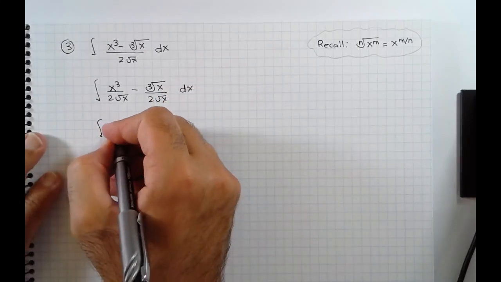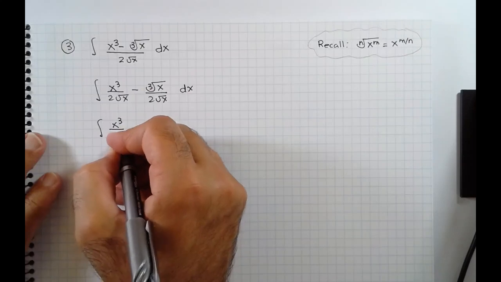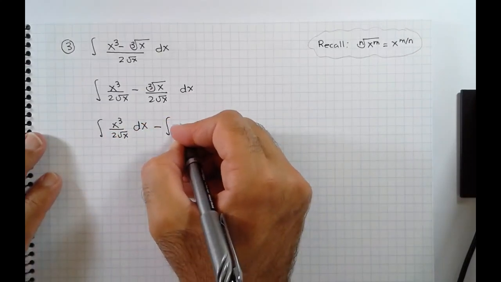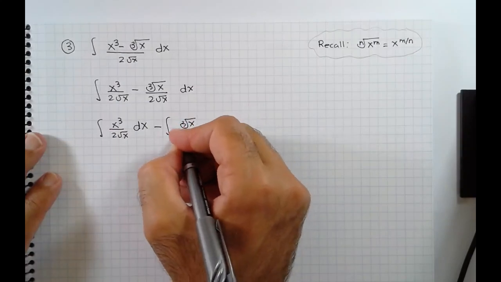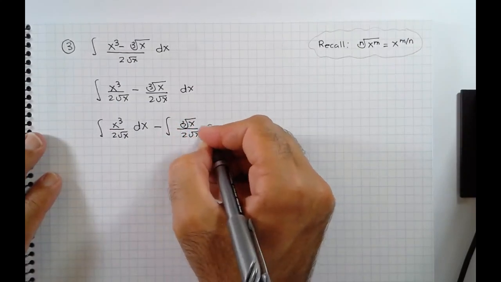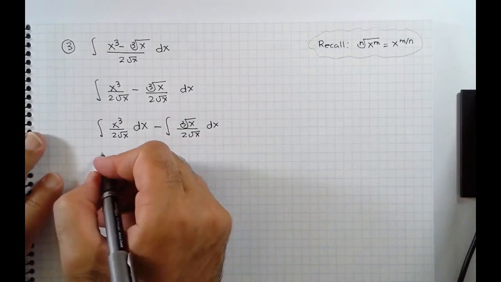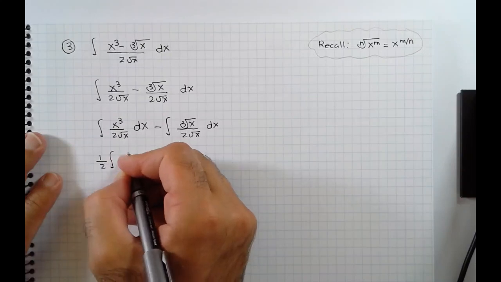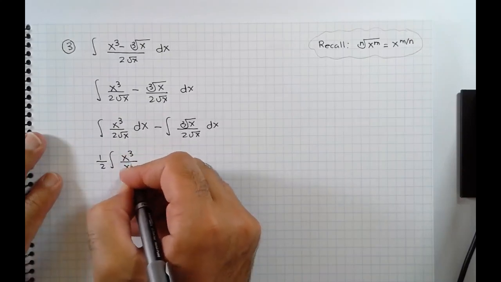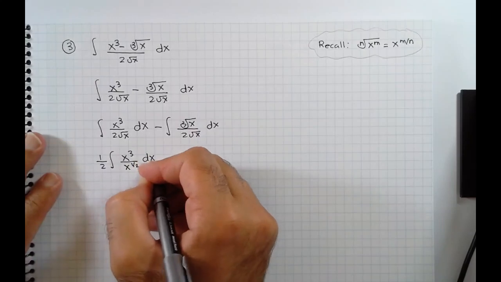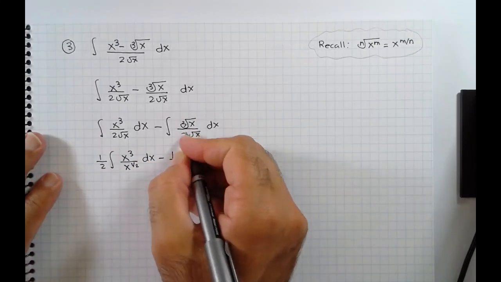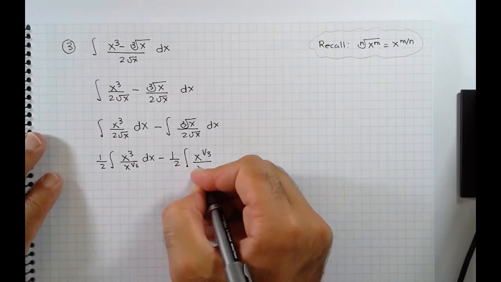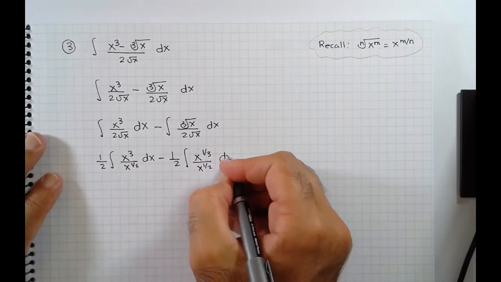And that's going to give us integral x cubed over 2 root x dx minus integral third root of x over 2 root x dx, splitting up the integrals. And the 1 half passes right through the integral. Now I'll write this as 1 half integral x cubed over x to the 1 half dx minus, bring the 1 half out of the second integral, 1 half integral x to the 1/3 over x to the 1 half dx.